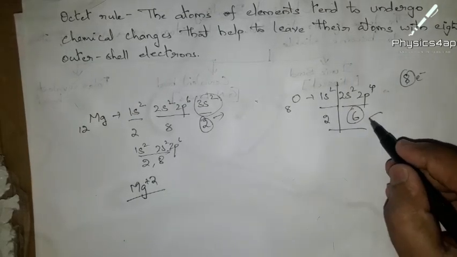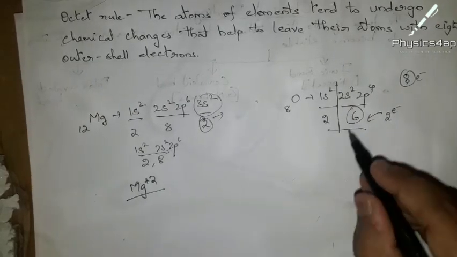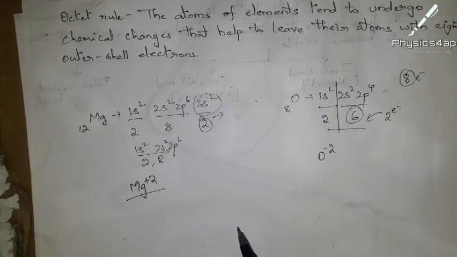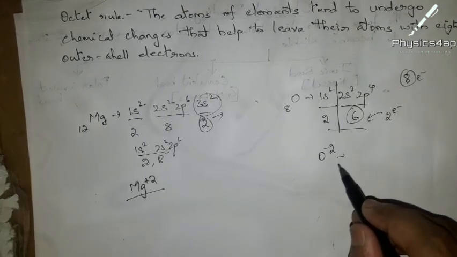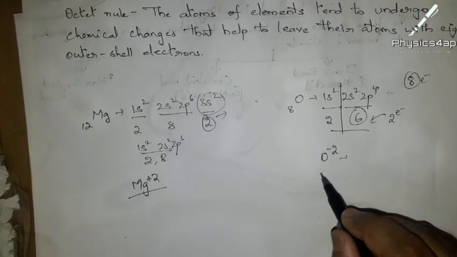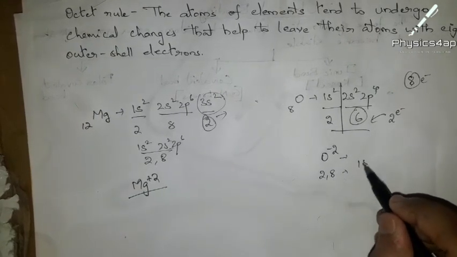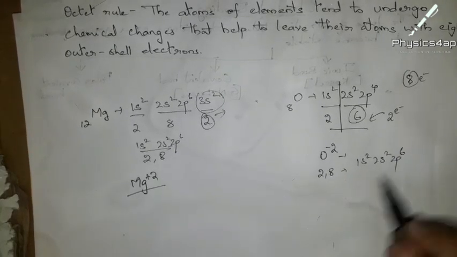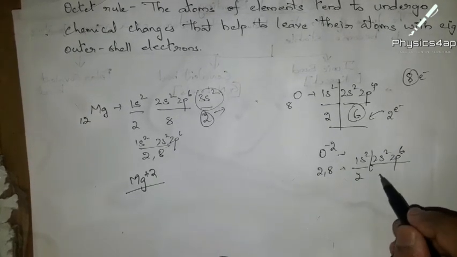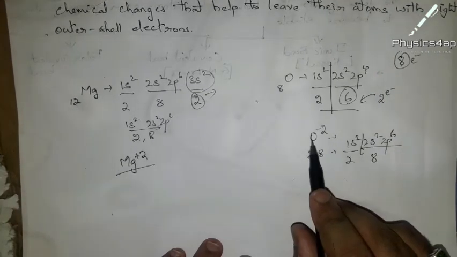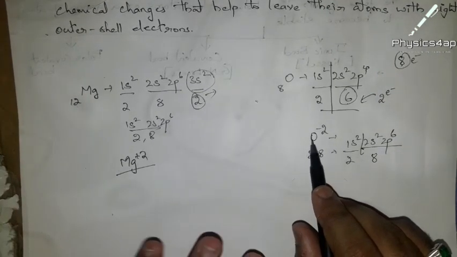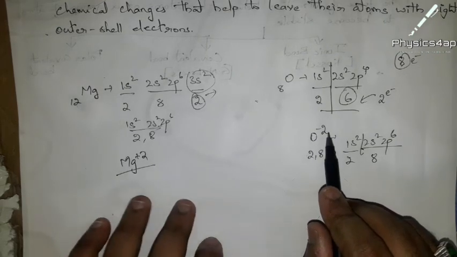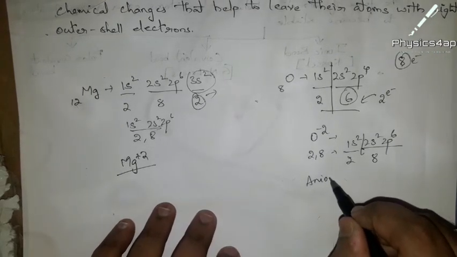When we add the 2 electrons, it becomes O2-, with the octet configuration 2, 8, that is 1s2, 2s2, 2p6. Now the outermost orbit has 8 electrons, and this is called an anion.